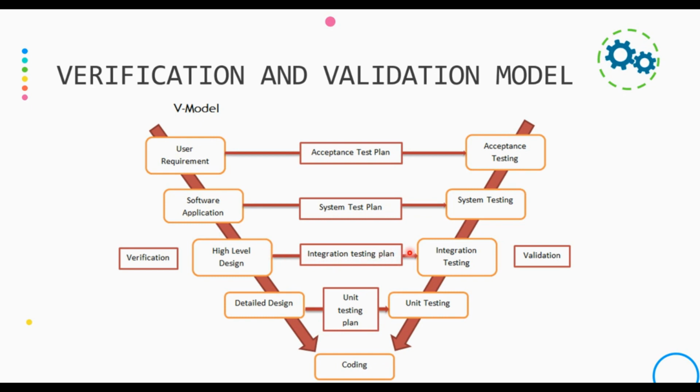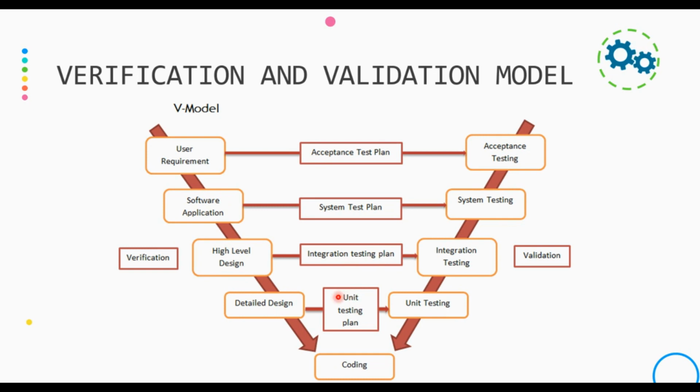Whatever we plan in this phase, that actual value should meet in the integration testing report. Then detailed design is the unit testing plan. Unit testing is just a component kind of testing.